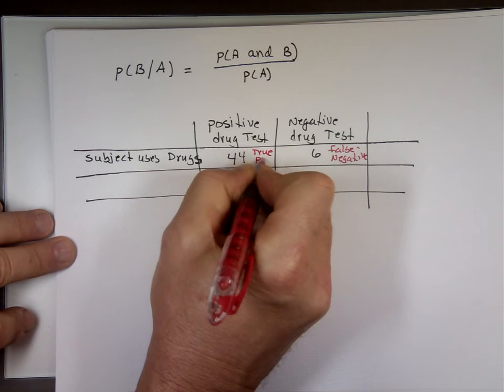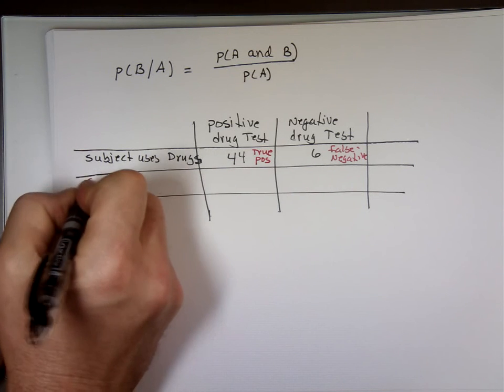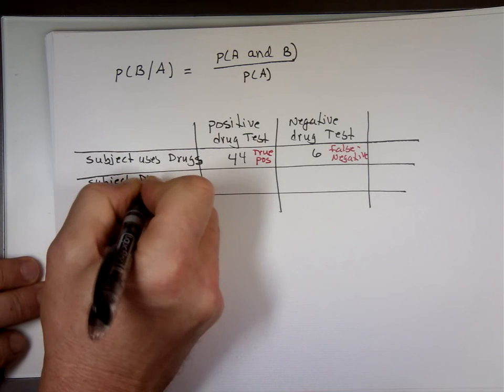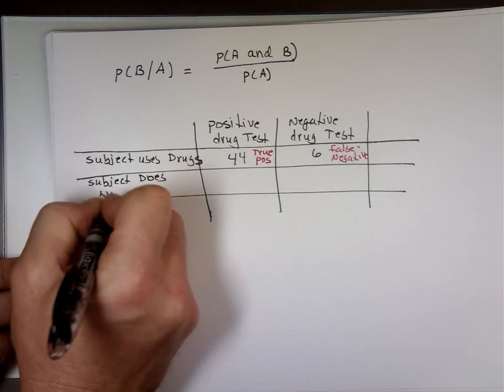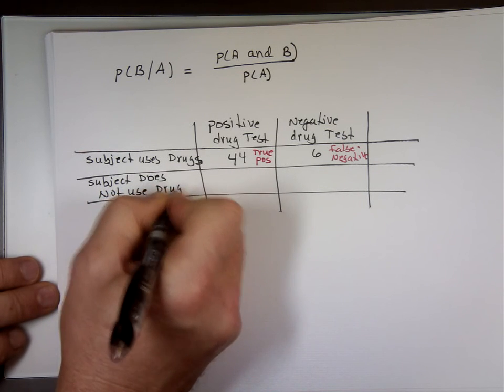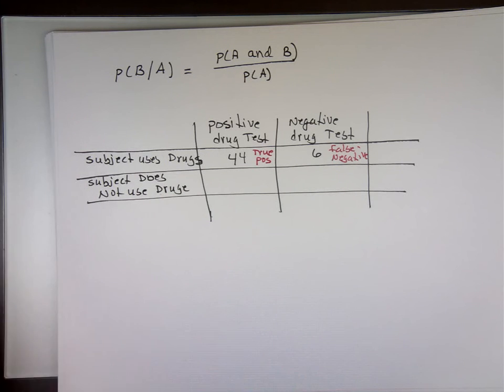Now, subject does not use drug. Not use drugs. And came out positive. 90 of them came out positive. We know the person doesn't use drug, but the test came out, yes, you do.